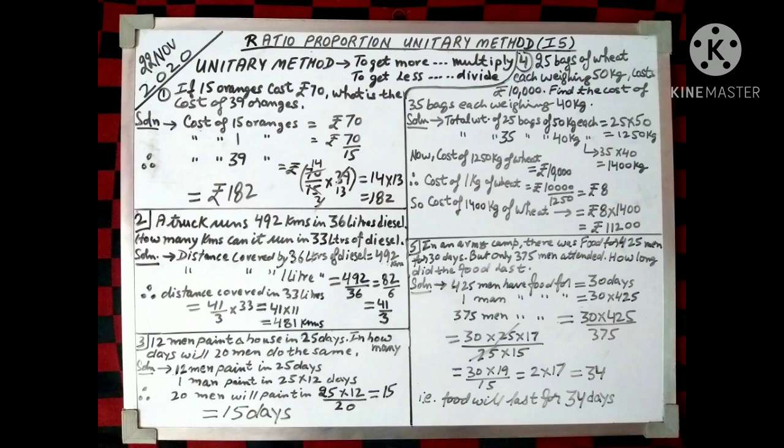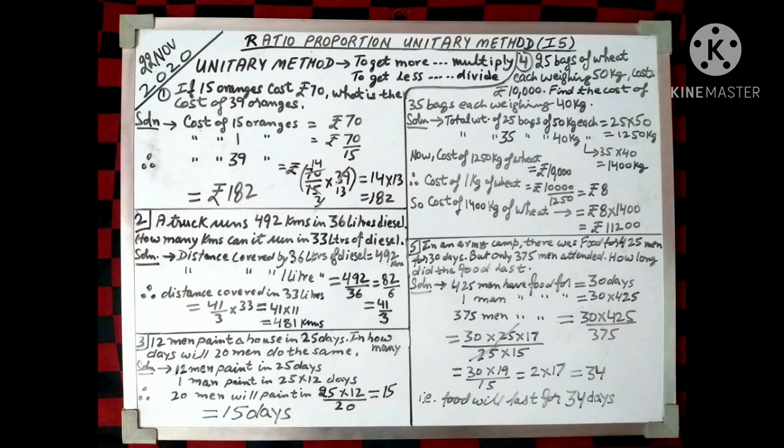Now see the fifth question, another different type of question we often come across. The question is: in an army camp there was food for 425 men for 30 days, but only 375 men attended the camp. So how long did the food last? In such questions we proceed like this. 425 men have food for 30 days.